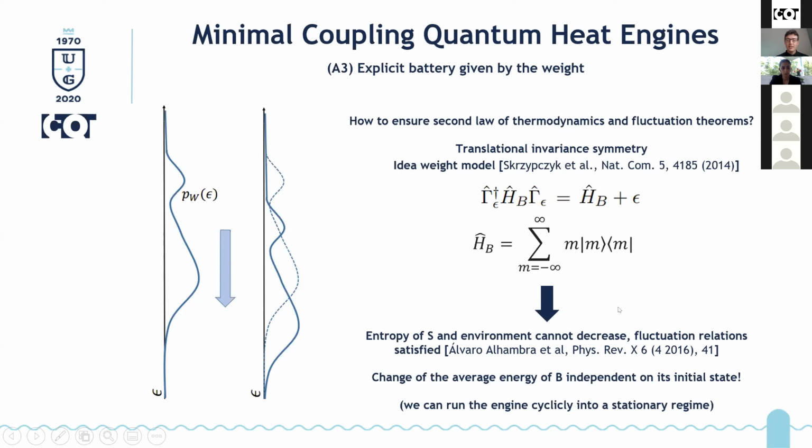And this commuting is enough to satisfy the second law and fluctuation relations in the classical limit. So in this way, we arrive at a proper model that does not violate thermodynamics. And also the nice property is that the change of the average energy of the battery in this case would not depend on the initial state of the battery, which is a very nice property if you want to use the battery many times.